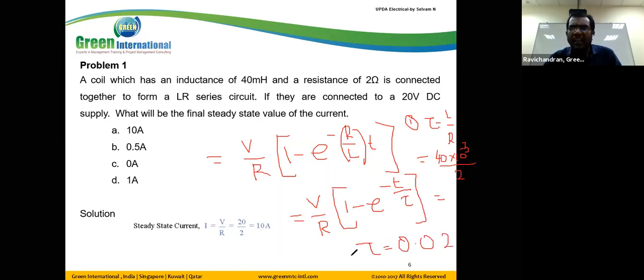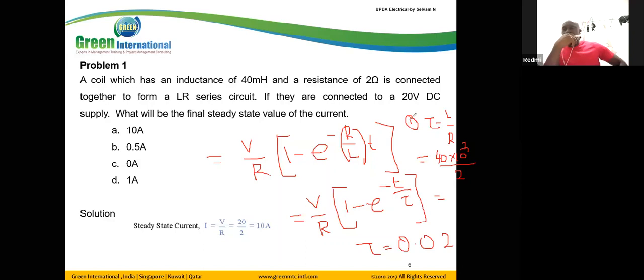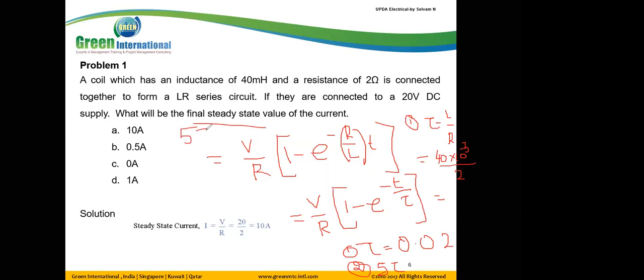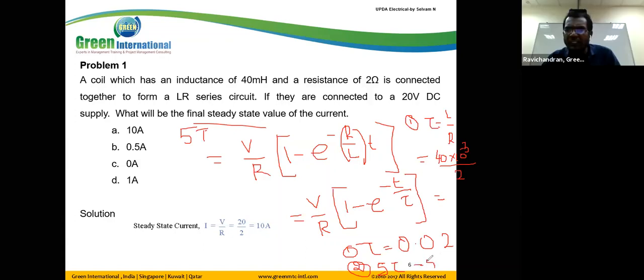This is the first step. Second step, find 5 tau, because our question is the final steady state. Final steady state is 5 tau. So 5 tau is equal to 5 into 0.02.